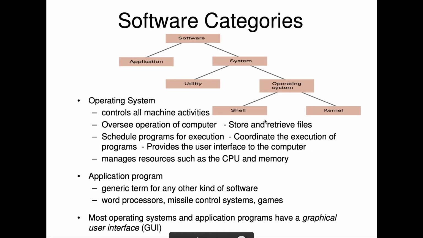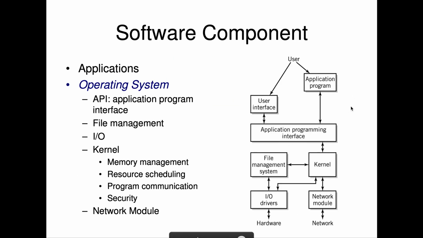But here we also have another thing called a shell. The shell is a program that helps you, the user, to interact with the operating system. And the shell should be right here, in the application program.